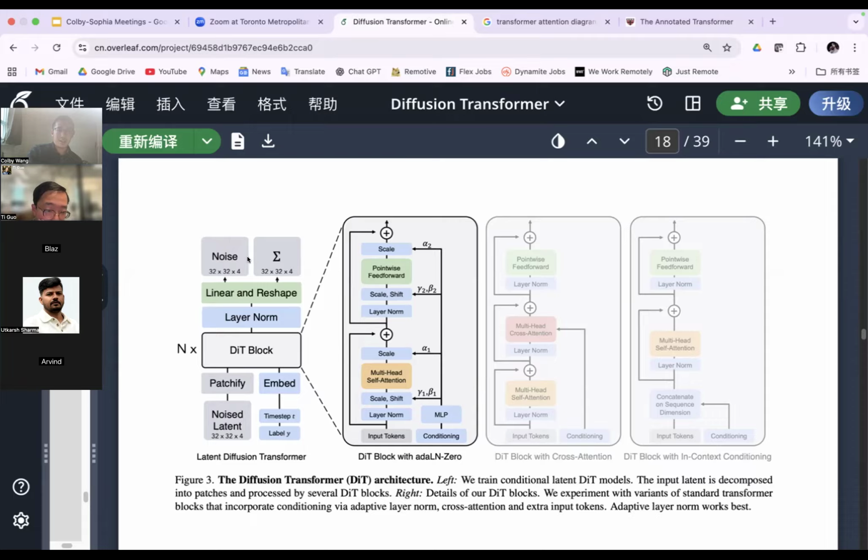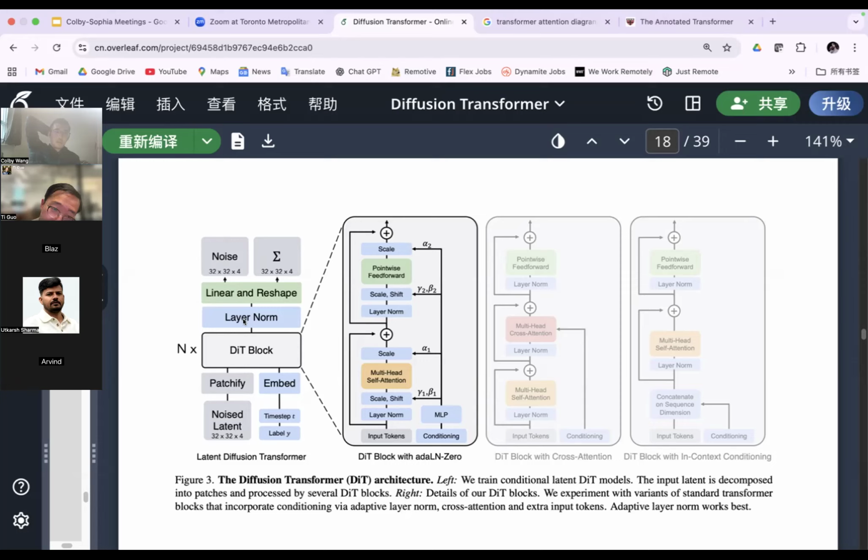So we feed in a good image, and we have some text prompt we want to change it to be another image. That's the whole thing we're training for.